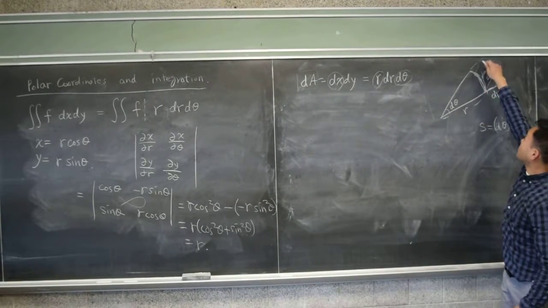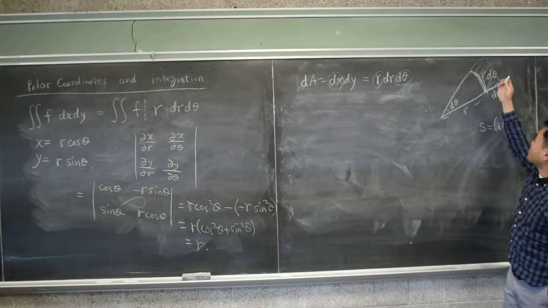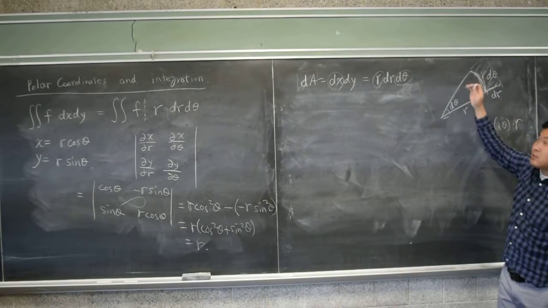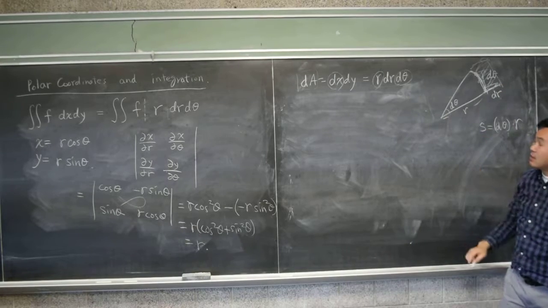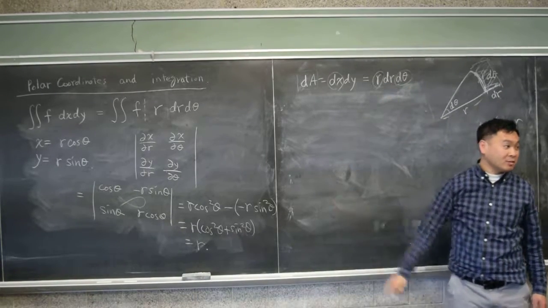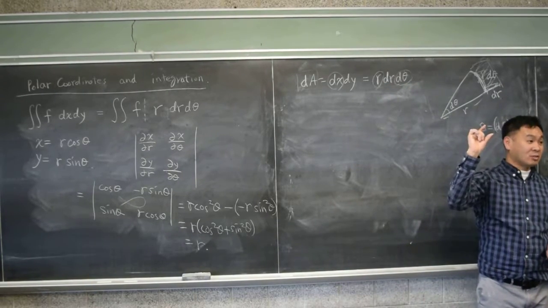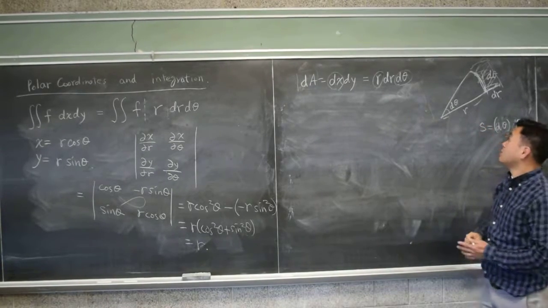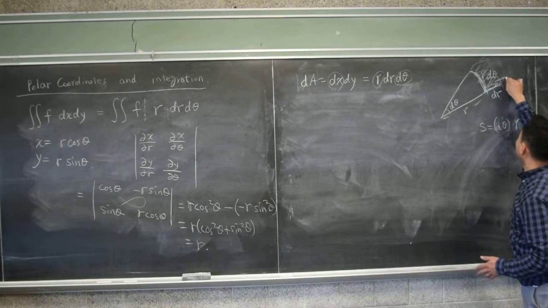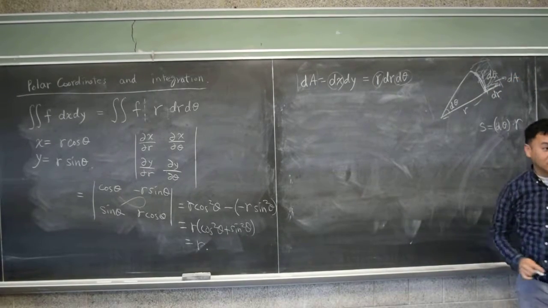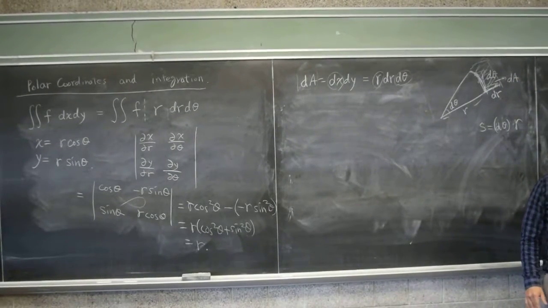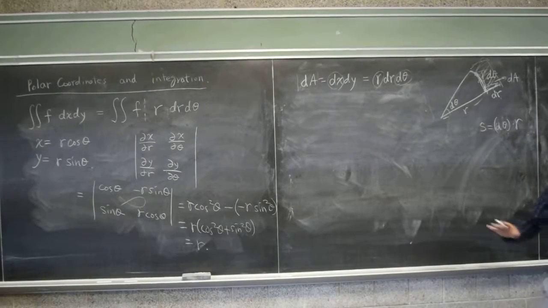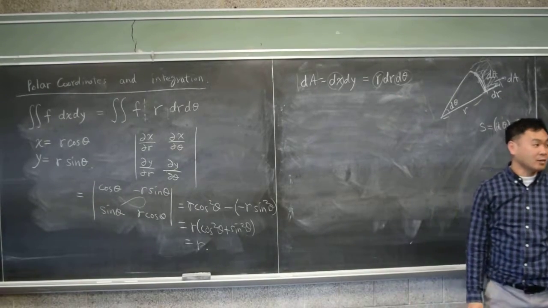So when you calculate this area, it's just dr times r d theta. And definitely this thing that you get by multiplying all this is a very, very small piece of the area, right? Okay. So that's why this has the meaning of dA. It's a very small piece of area. So that's another way to understand this r dr d theta.